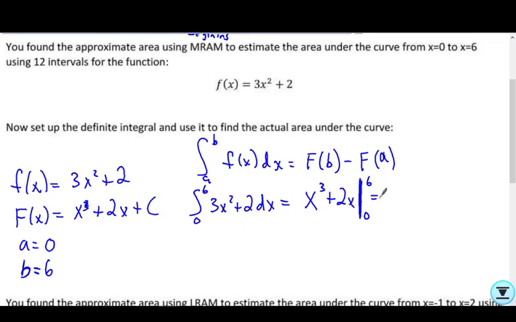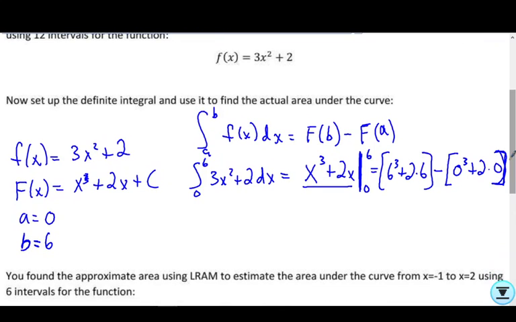Now we plug in, this of course is my antiderivative, so we're going to plug in b first, which is 6. So it's going to be 6 cubed plus 2 times 6 minus this part, F at a, or the antiderivative of a, which is going to be 0 cubed plus 2 times 0.